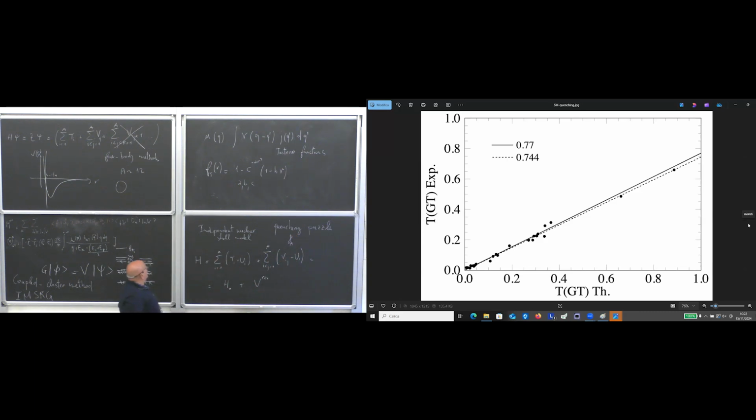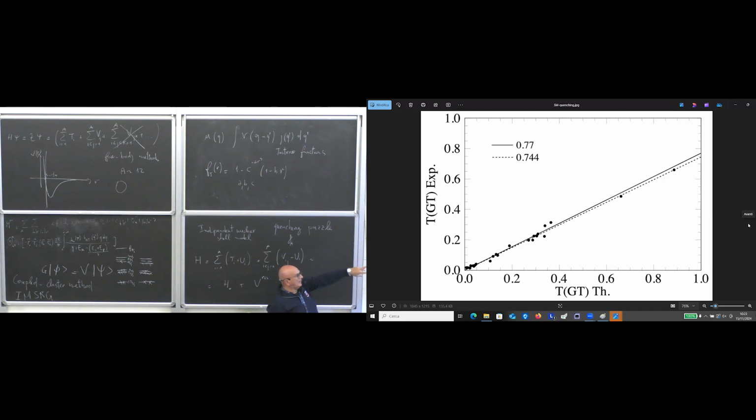Please note that the quenching of gA plays a certain role for single beta decay. Namely, as you see in these graphs, they report the results of calculations on the x-axis versus experimental ones.